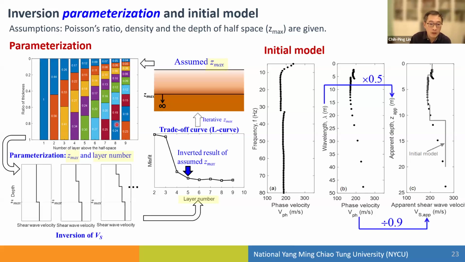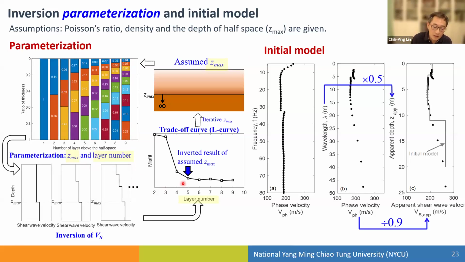In surface wave inversion, the parameterization is not trivial. It depends on how many layers you divide into: 10 layers, or just 2, 3, or 4 layers. So in inversion, there is Occam's razor, or the principle of parsimony.